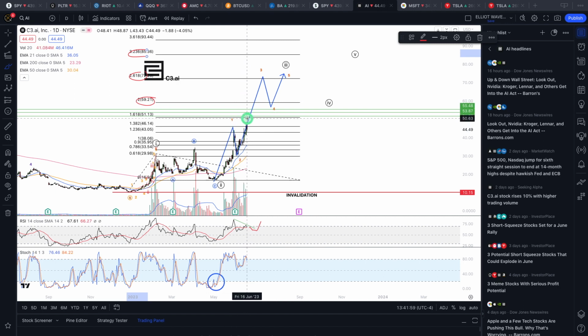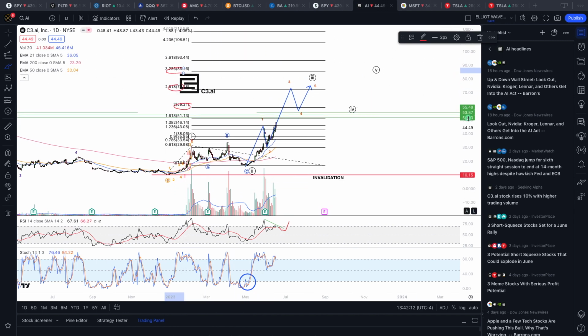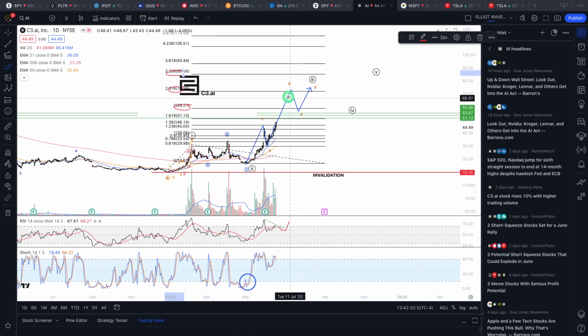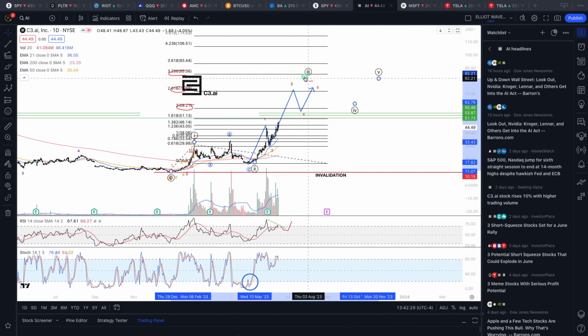So first, I think we have to take out the $50 to $55 range with increased momentum and volume, and if we do that, then we're going to look for some of these other targets in succession. In that case I would favor either the 2.618 or the 3.236 for this third of our third, for the whole third wave move.